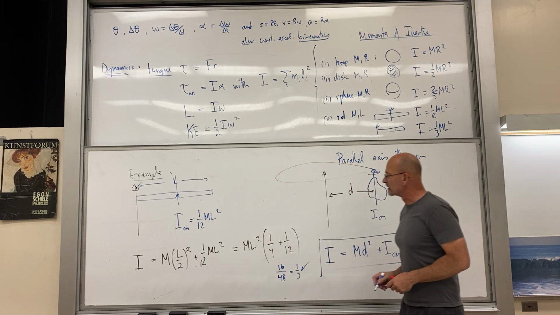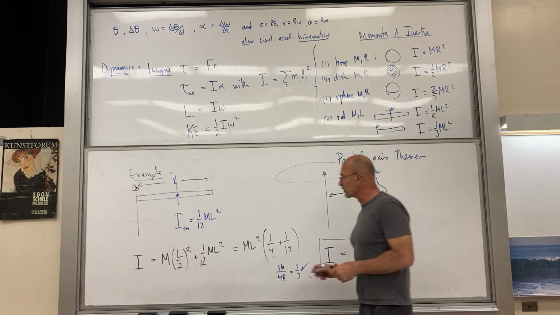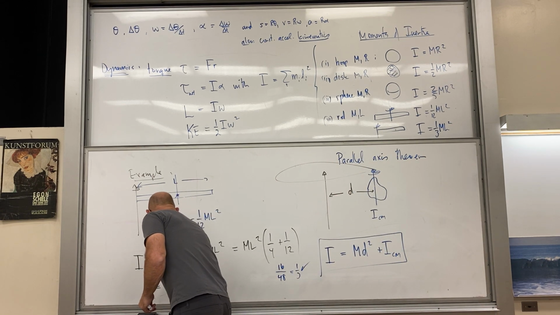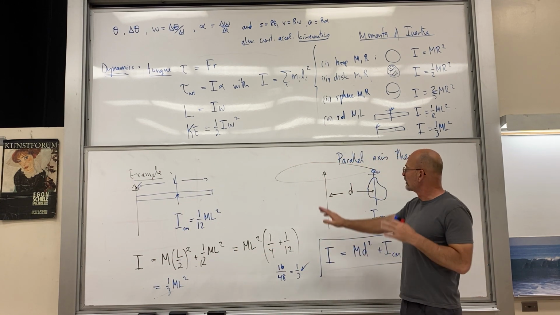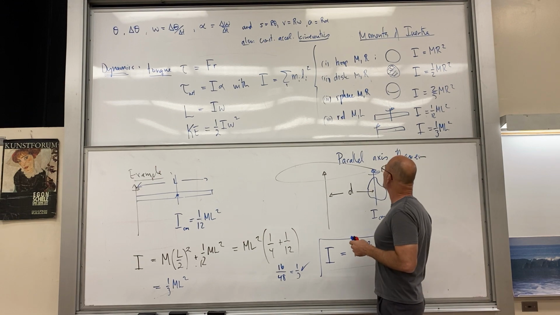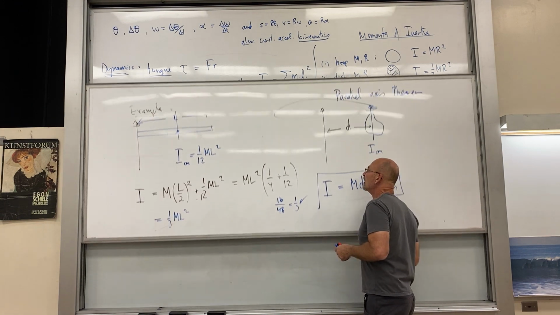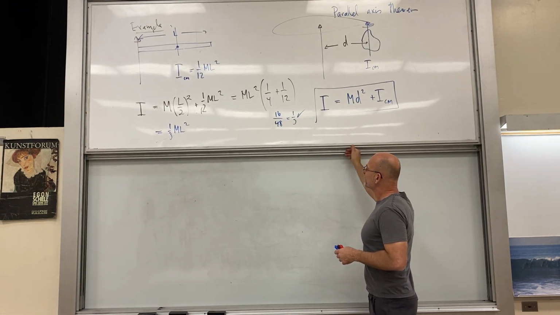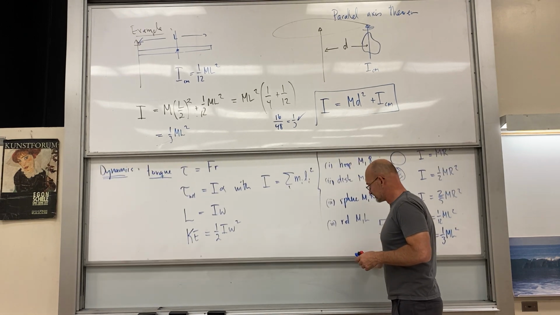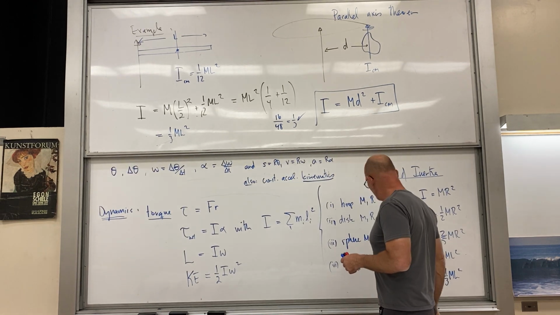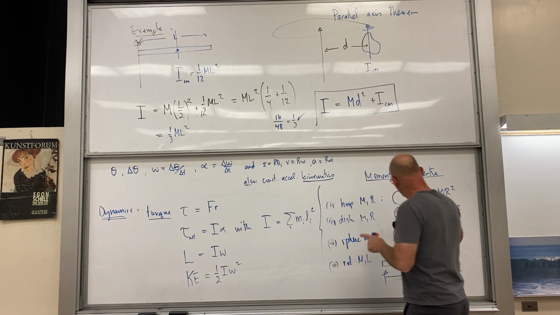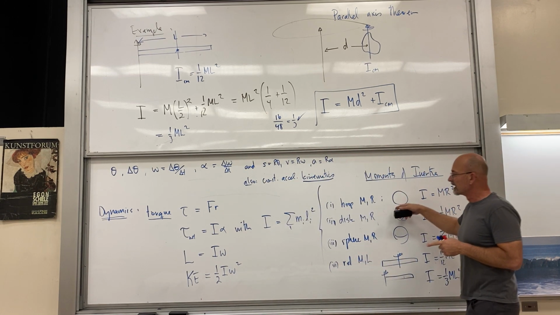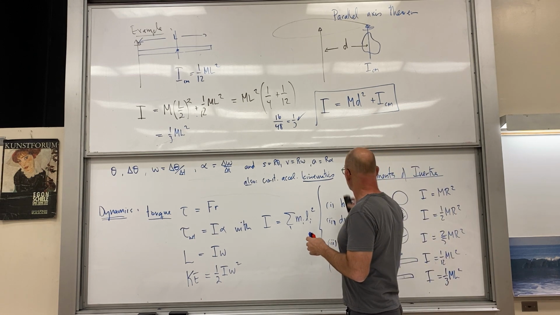So it checks out. Okay. So it really is 1/3 ml squared. So what other examples could you do with this? Well, suppose here I'm going to do an example with the hoop. Okay. Gotta erase all this stuff.